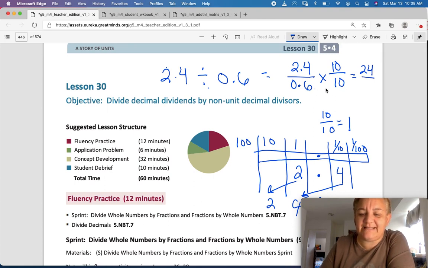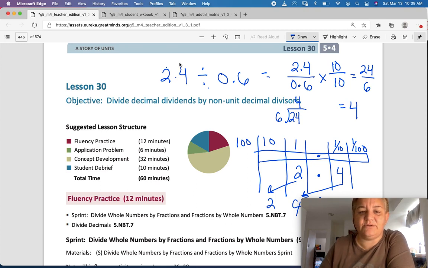And here, 6/10 times 10 is 6. Now as a division problem, 24 divided by 6, you should easily be able to solve that. I can draw it here in the standard algorithm if you'd like. But you know that 6 times 4 is 24, 6 goes into 24 4 times, so 24 divided by 6 equals 4.